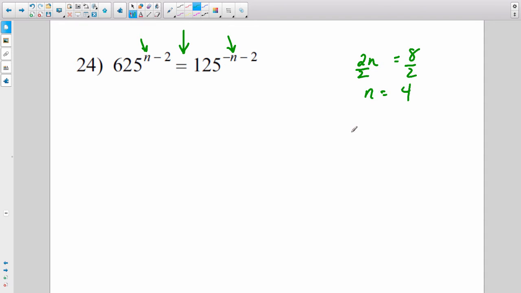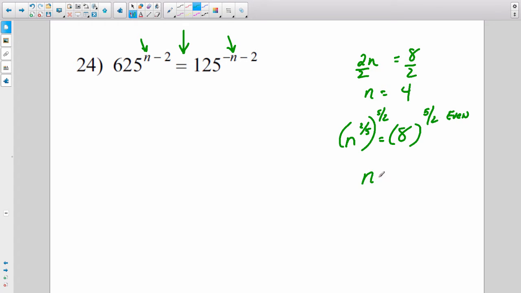Then we had equations like this. n to the 2/5 equals 8. We would raise both sides to the 5/2. Make sure we do plus or minus because this denominator is even.